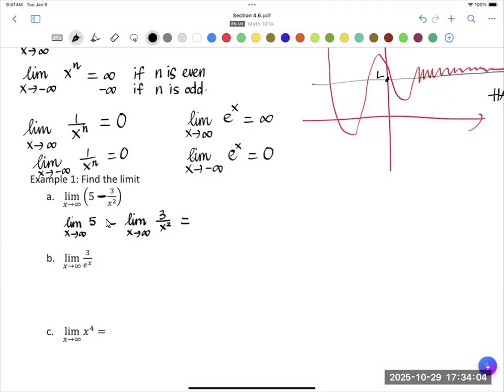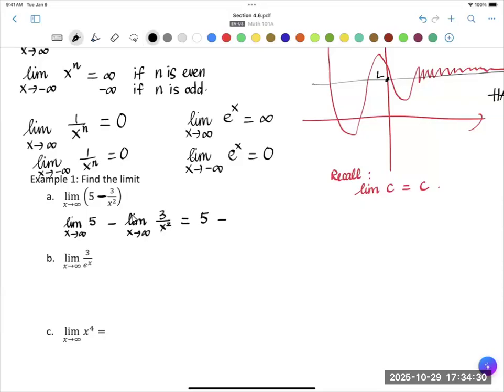Based on the limit rules, recall that the limit of a constant is the constant. This means the limit as x approaches whatever of a constant number is the constant itself. So it's going to be 5.